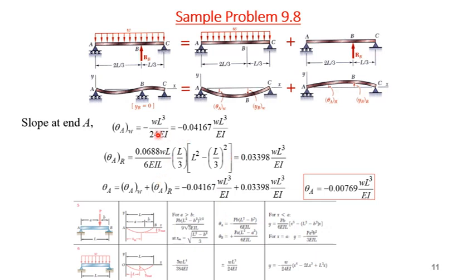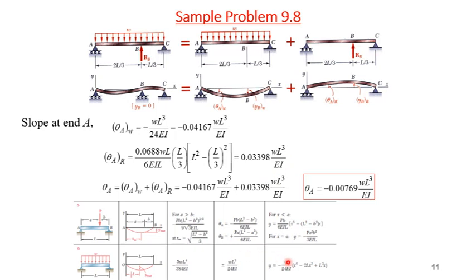So P will be replaced by the reaction at B, RB, that we calculated previously, and then we put the values in this equation. We know B, we know EI, so in terms of EI that will become 0.03398 WL cubed by EI. Now, what is theta at A for the W distributed load?